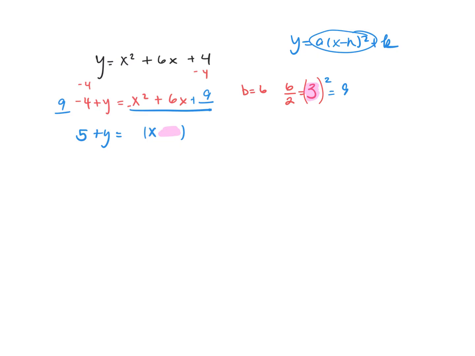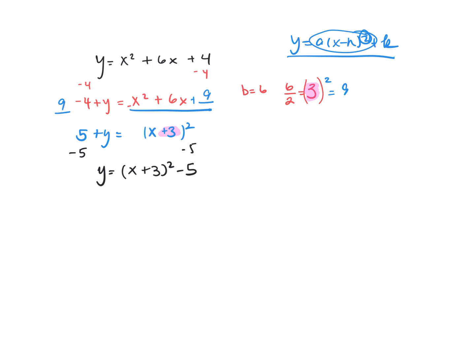So for us, it's a positive 3, and we square it because of the square out here, okay? So now we have to solve for y because we need to be in this form. So next step is to move that 5 over. So we get y equals (x plus 3) quantity squared minus 5.